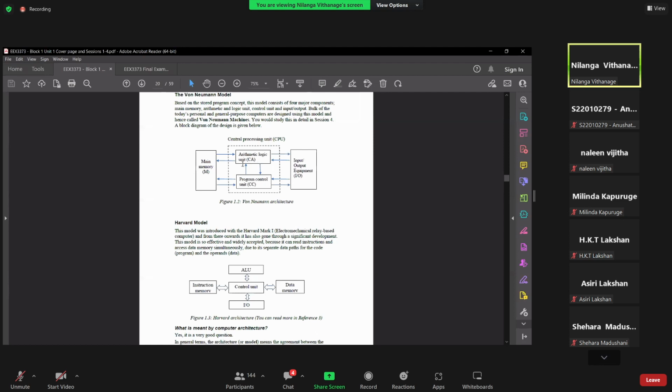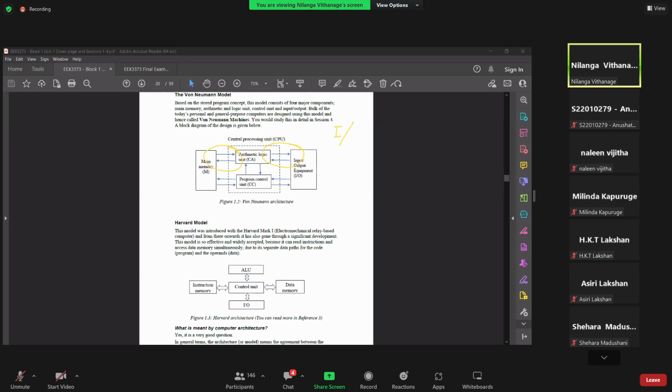So here in von Neumann architecture, the arithmetic and logic unit can access the memory, right? Here, it has memory access. And also the ALU can access input-output units as well. So I think you know what input-output units are.